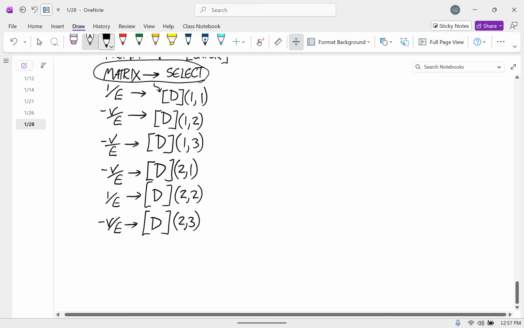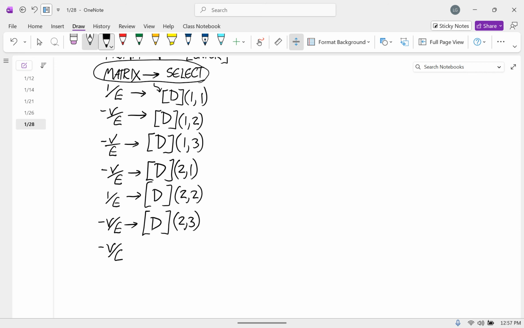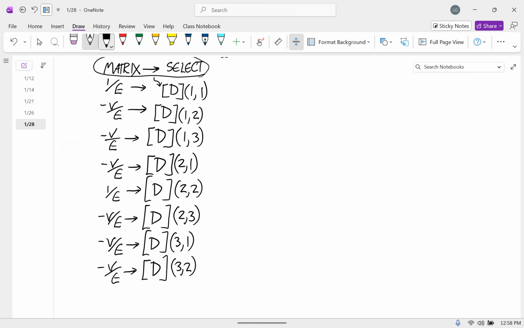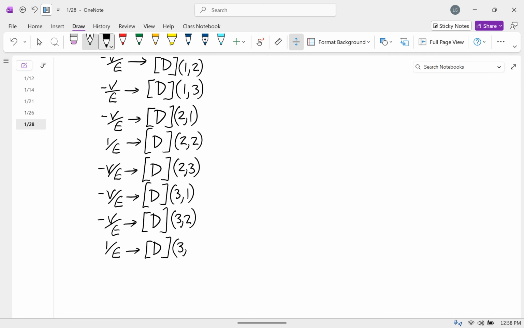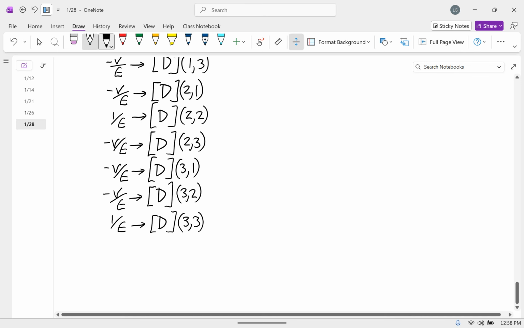Now we go to the third row, negative V over E, store that in 3, 1. Negative V over E, store that in 3, 2. 1 over E, store that in 3, 3. Three values left.